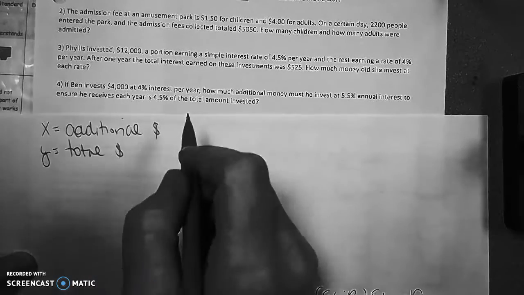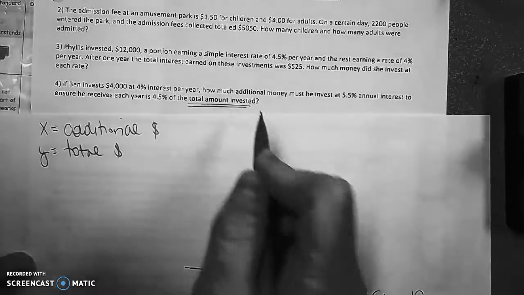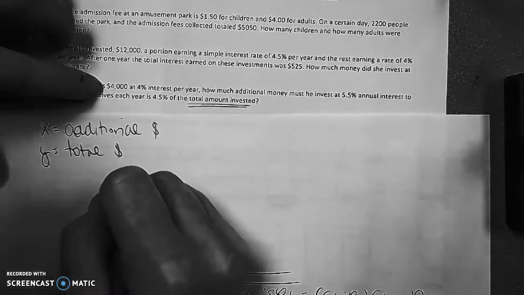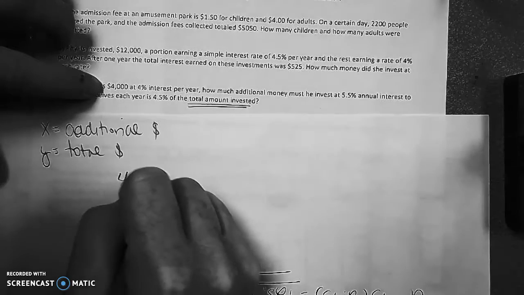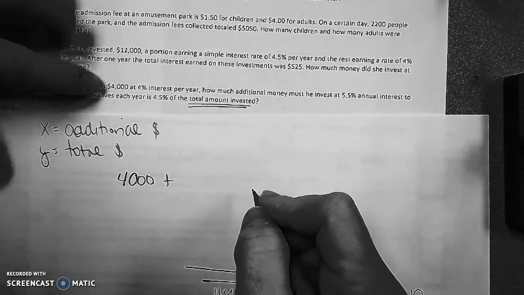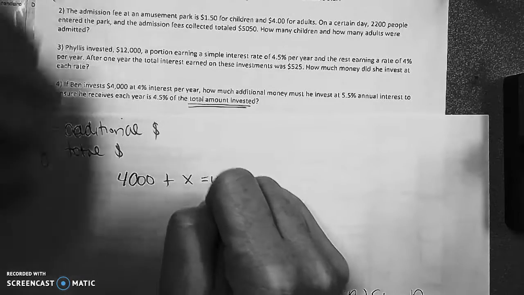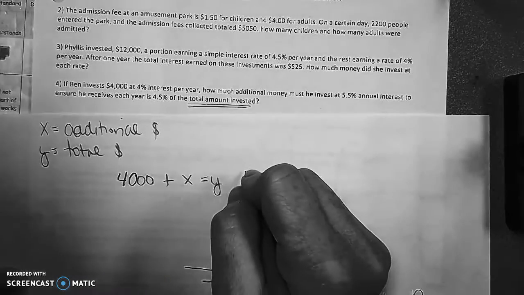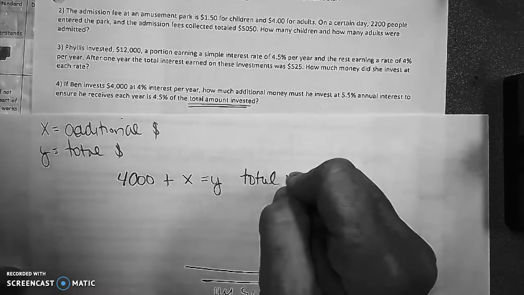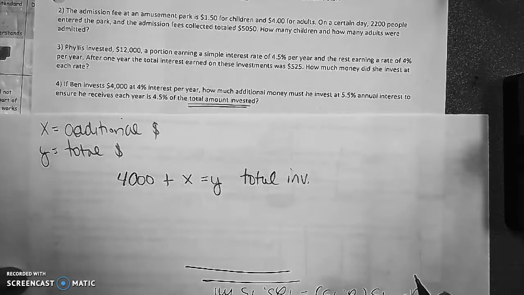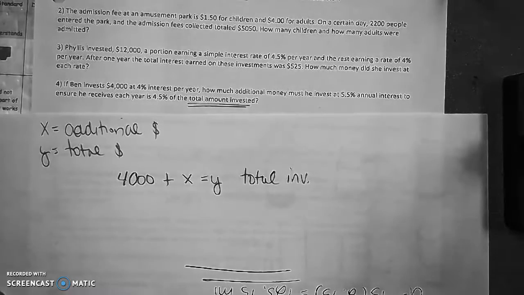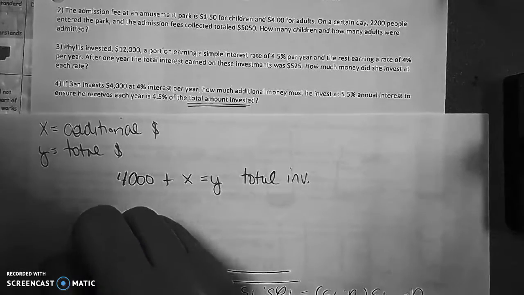And the other thing that we don't know here is the total amount invested. So let's go back and read. We've invested $4,000. We're investing an additional amount. We don't know what that is. So we don't know our total. So again, this equation is all about your total investment. Now, your other equation is how much money you earn off those investments. Well, it tells us that our first account earns 4%.